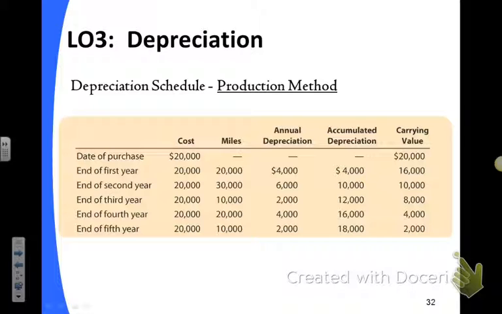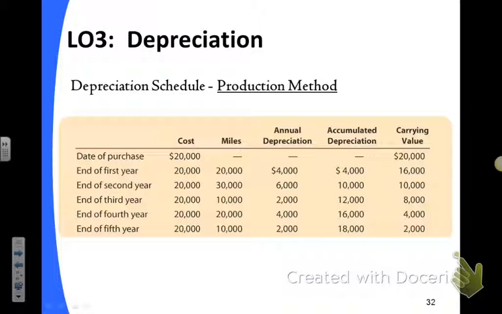In the first year, they drove the delivery truck 20,000 miles, so they had depreciation expense of $4,000. In the second year they drove 30,000, so they had more depreciation expense. But in the third year they only drove 10,000, so their depreciation expense went down. If they can determine a production unit that makes sense for that type of equipment, this approach may more accurately reflect the usage of that piece of equipment.